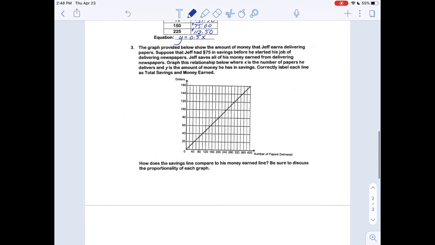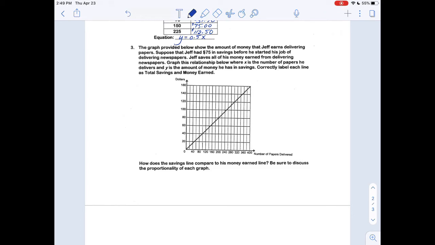Now looking at that last one here, that graph tells you right here that Jeff is actually delivering papers, but let's just suppose that he had $75 in savings before he even started his job. So we're looking at how much money he has, what he started with, and then if he continually sells these papers, how much will he get?